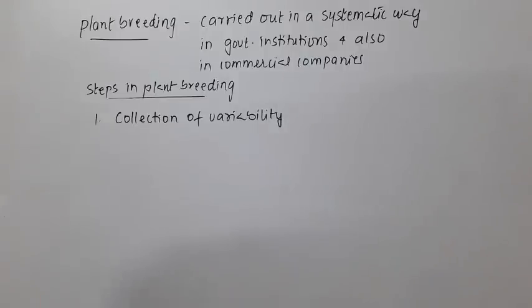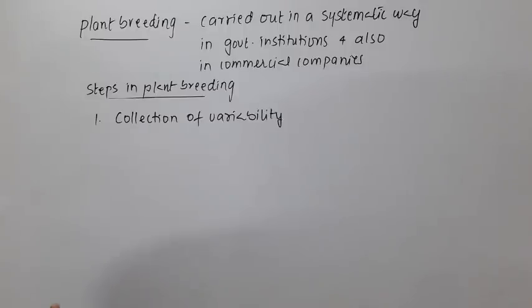So the characters we require in a plant: obviously the plant should be disease resistant, and it should be able to give good quantity and quality of grain or product. Then it should be able to resist drought conditions if possible, and even live in saline soil conditions.